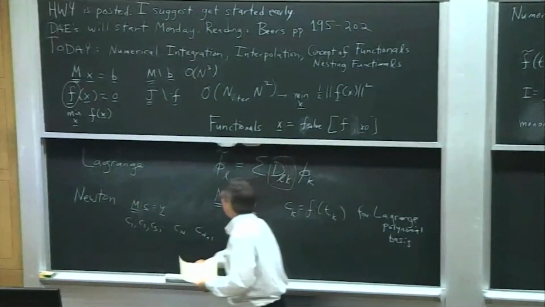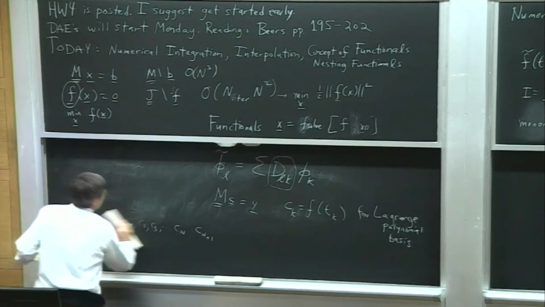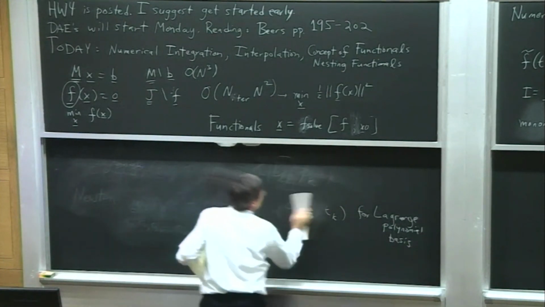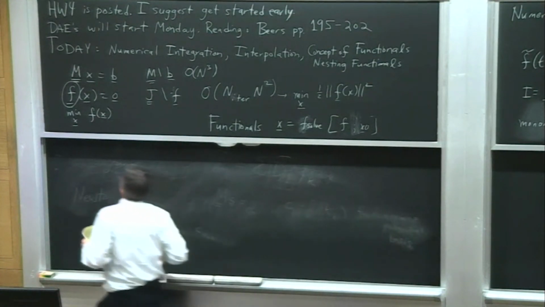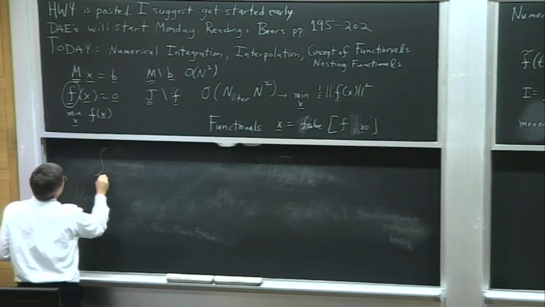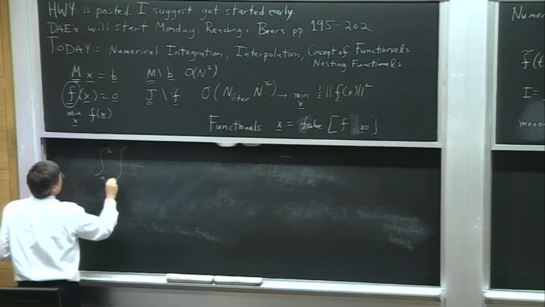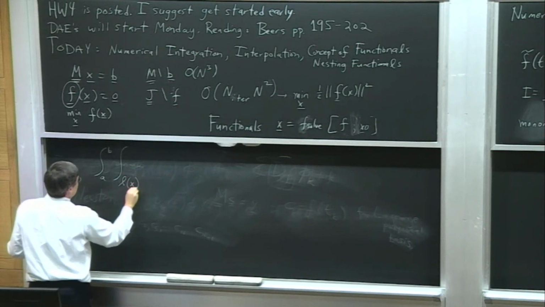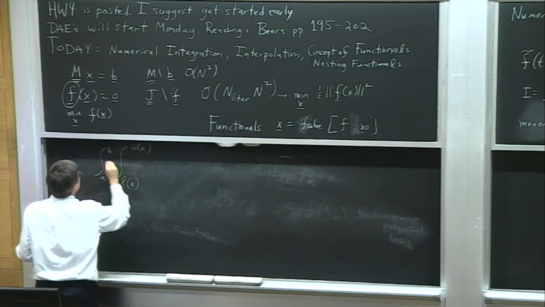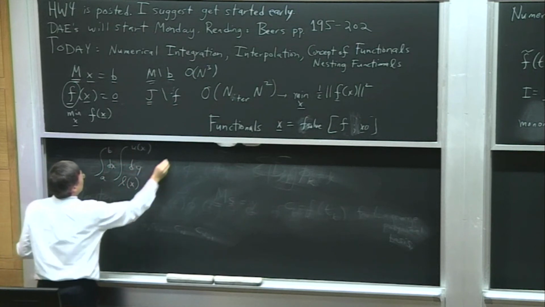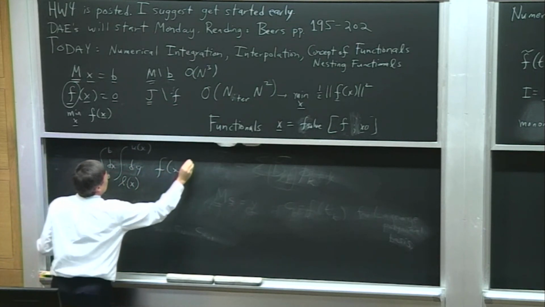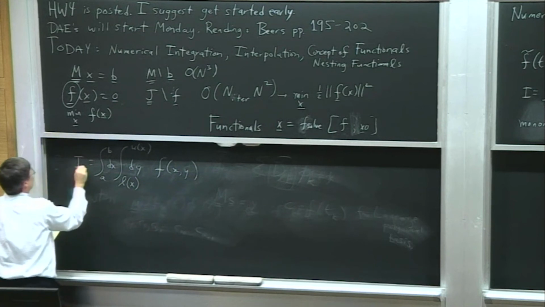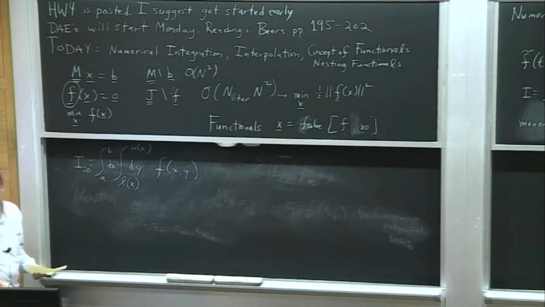So in a lot of problems, we have more than one variable we want to integrate over. If you have an integral from a to b, from the lower bound L of x to the upper bound u of x, dx dy f of x y, this is the kind of integral that you might need to do sometimes, because you might have two variables you want to integrate over.